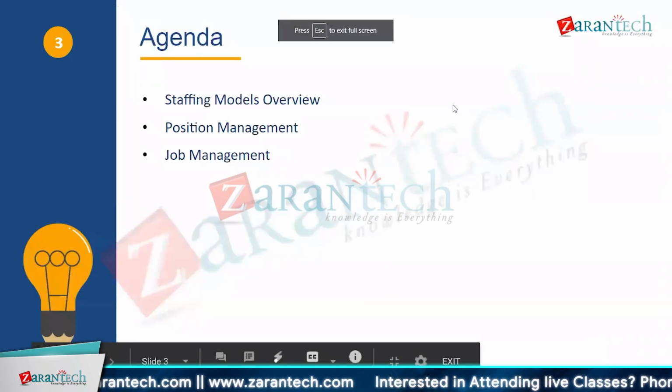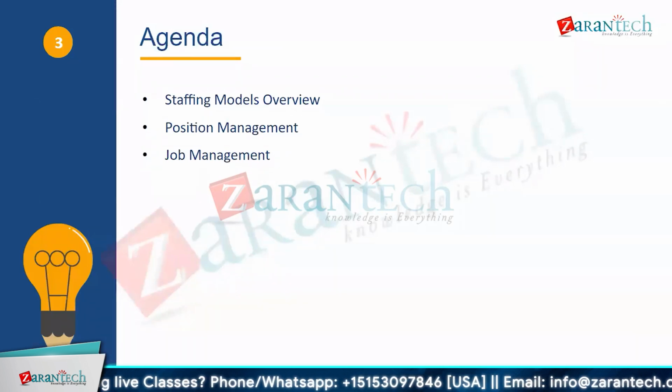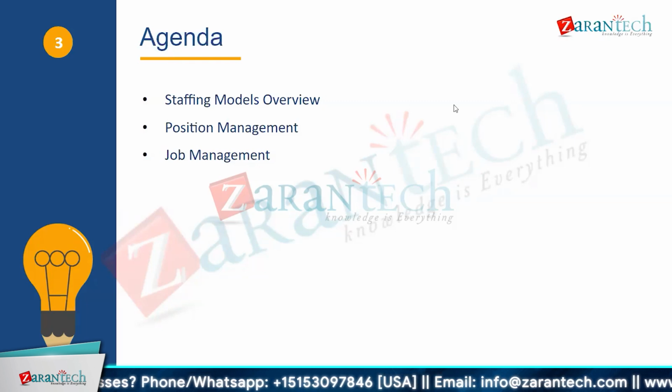So staffing models basically means the process or the method that the company uses to create requisitions or positions and to hire people. So when you're hiring, not in the functional process, but on the back end, you have to decide which model we're going to follow.